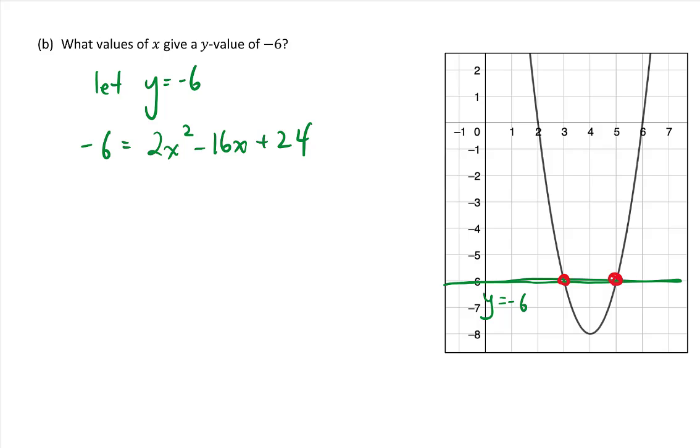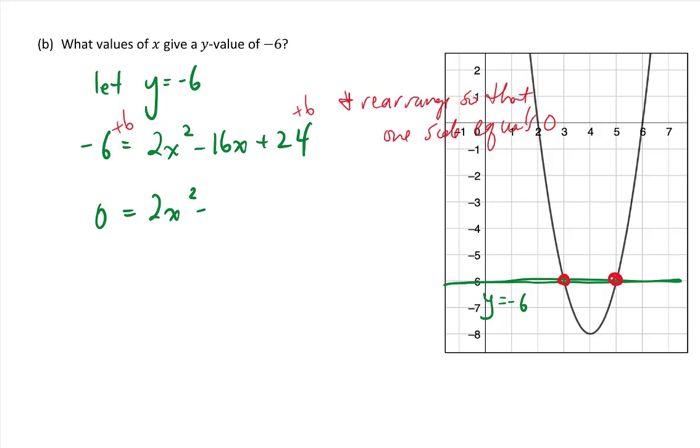Same as when we used symmetry, we're going to rearrange so that one side equals 0. And the quickest way to do that is to remove the number from the left side. So we're going to add 6 to both sides. And we get 0 equals 2x squared minus 16x plus 30.